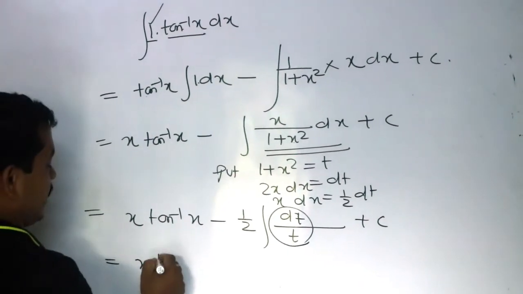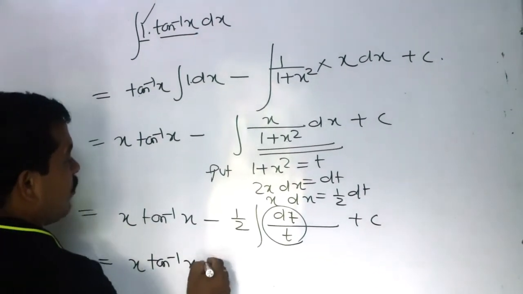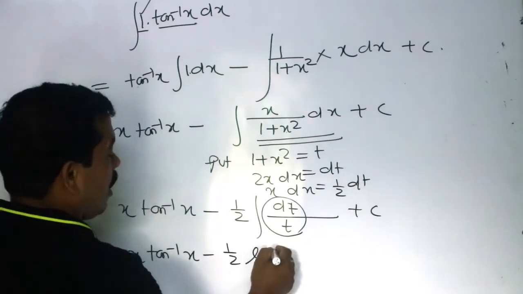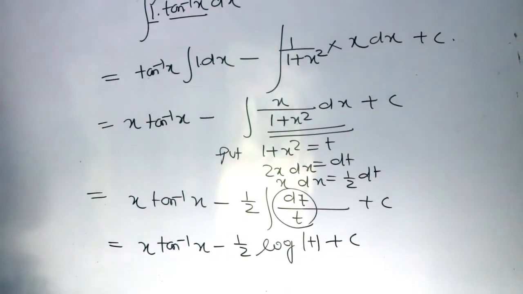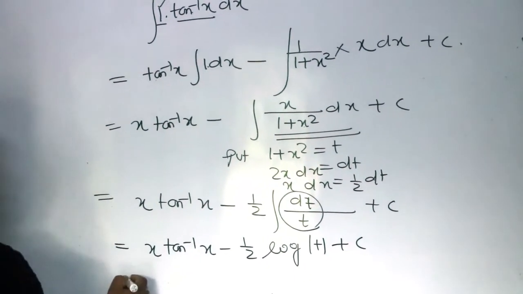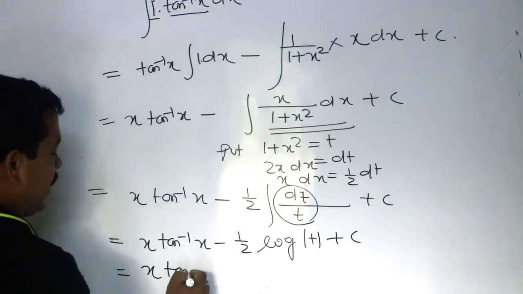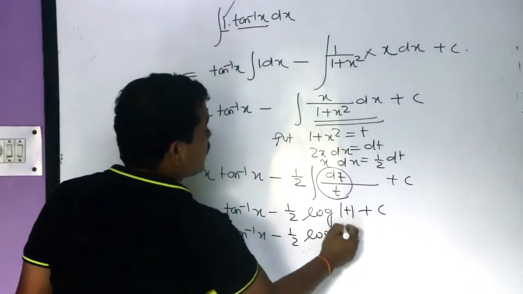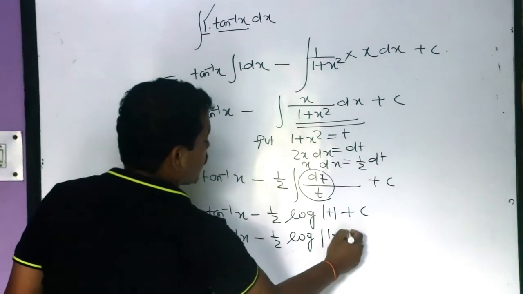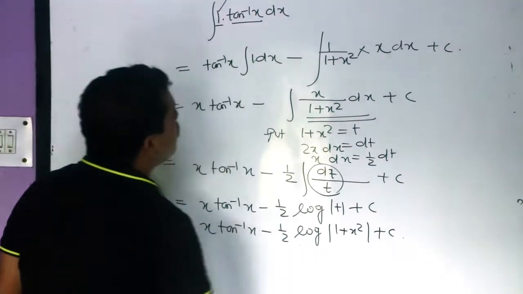That is equal to x into tan inverse x minus half log t plus c, because the integration of dt by t is log t. That is equal to x into tan inverse x minus half log mod of 1 plus x square plus c.